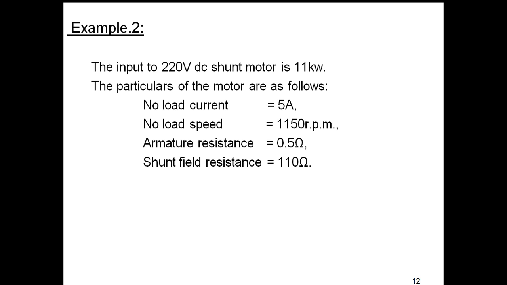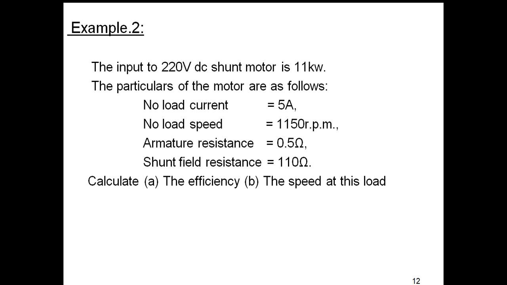Shunt field resistance is 110 ohms. Now calculate the efficiency, the speed at this load, that is N, the torque developed. Now let us see the solution.